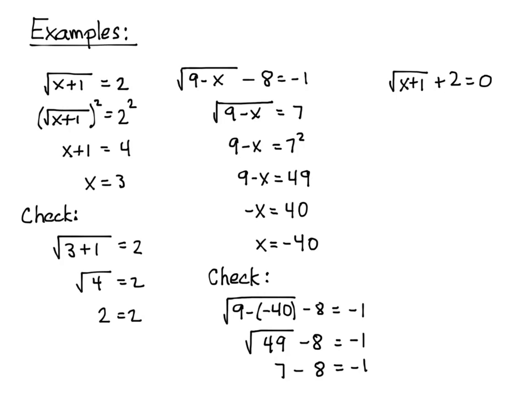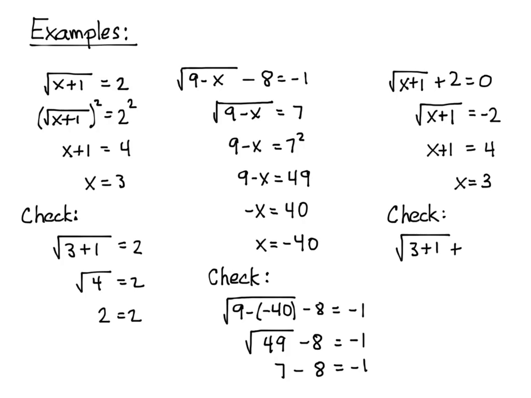Try a third one. Here we have the square root of x plus 1 plus 2 equals 0. That doesn't look too different from that first one that I did. But when I isolate the radical and I square both sides, I get x equals 3. But now when I check, I get square root of 4 plus 2 equals 0, where 2 plus 2 does not equal 0.